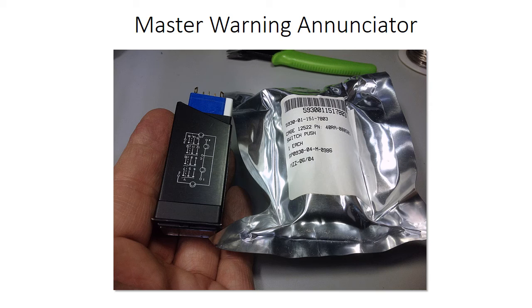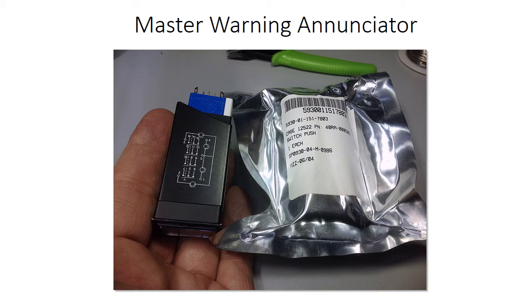Everything is to very, very high standards and extremely expensive, and they're all custom made to order. So that put that source completely out of the picture. Just to get a small quantity would have cost me at least a piece price of $1,000 per Master Warning Annunciator.